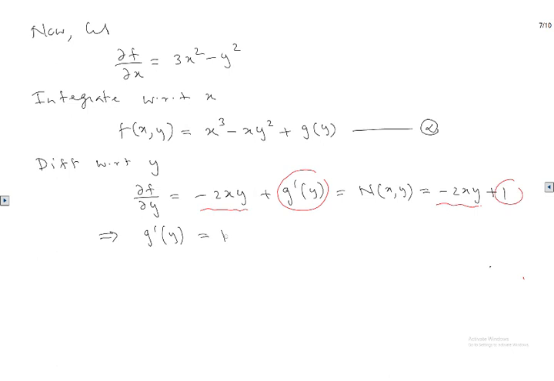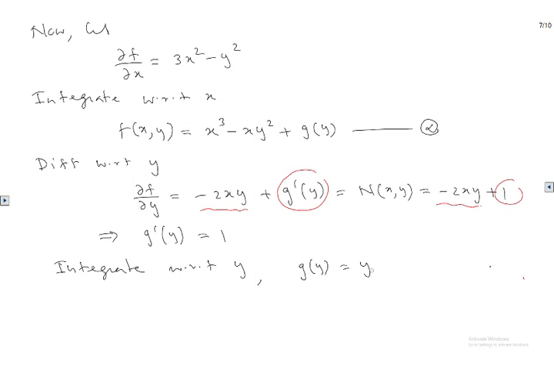So now we can integrate this with respect to y. If you integrate, you're going to get g(y) equal to just y, and we are not going to add the constant here.